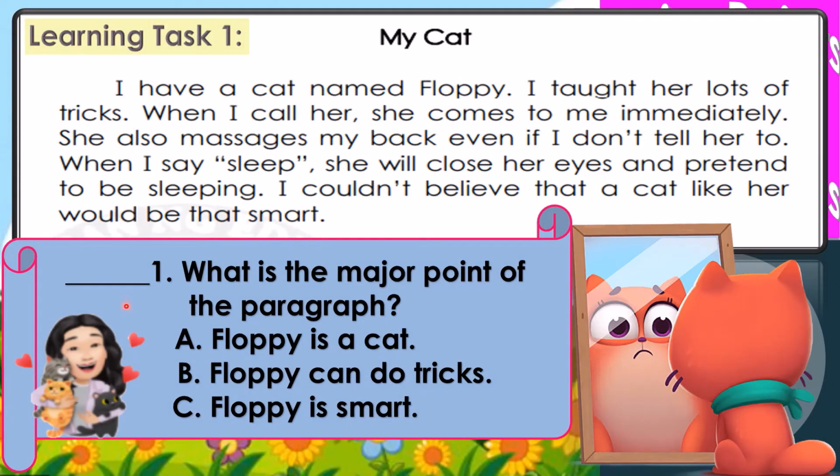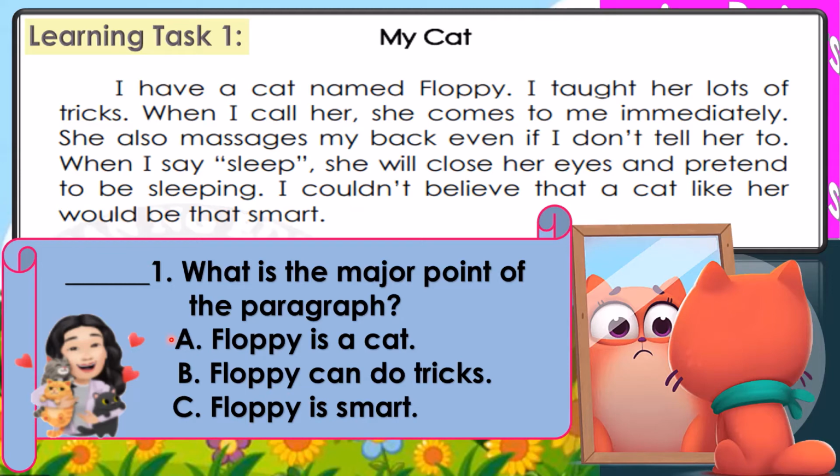Let's try to answer question number 1. What is the major point of the paragraph? A. Fluffy is a cat. B. Fluffy can do tricks. And C. Fluffy is smart.